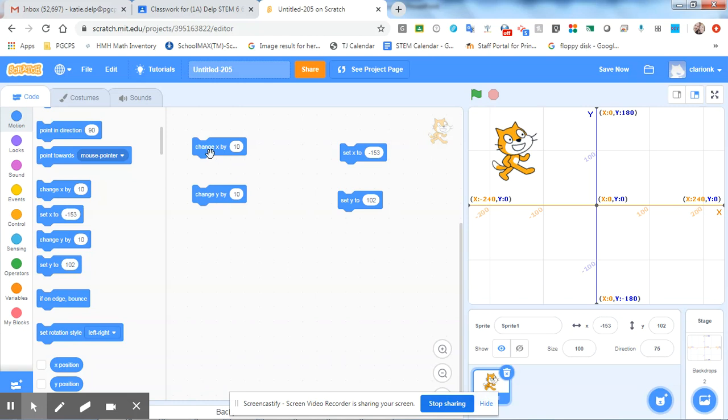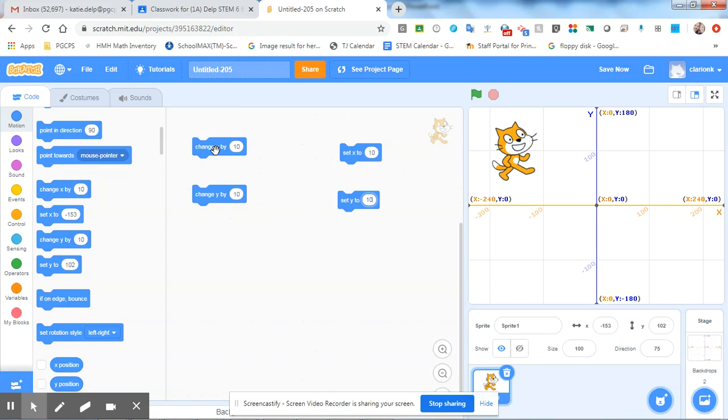To change means to add or subtract from, right? So changing the X by 10, and I'm going to make all of my numbers 10 here so you guys can see what I'm talking about, okay?